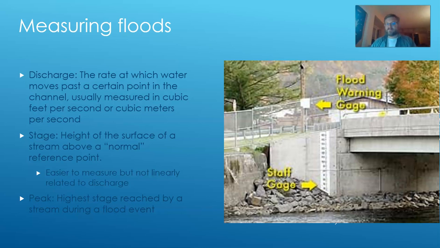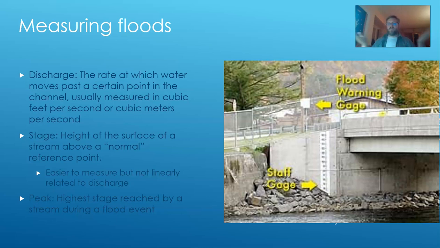The downside to talking in terms of flood stage is that there's no linear relationship between stage and discharge, because it's going to depend on the shape of the valley that you're in. If you've got a very narrow valley with very steep sides, it doesn't take a lot of additional discharge, a lot of additional water moving past that point to raise the level of the surface of that stream up to the next level on your gauge.